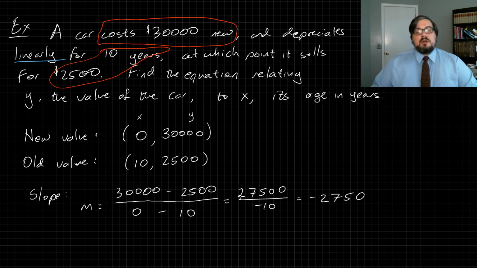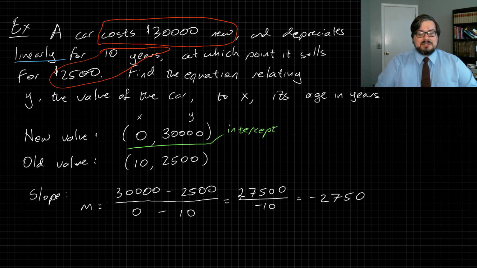Now, where we go from here depends on whether or not we know the y-intercept of our line. If we do, then we can go straight to the slope-intercept form. If we don't, then we should probably use the point-slope form and then rearrange it into slope-intercept if we want to. In this problem, we do know the y-intercept because we have the point.